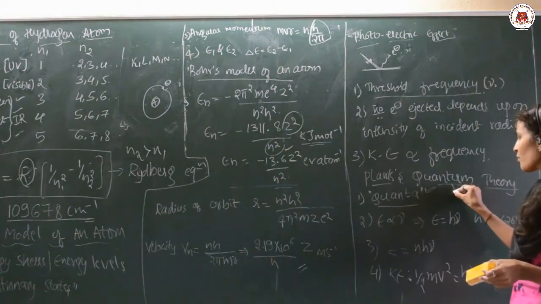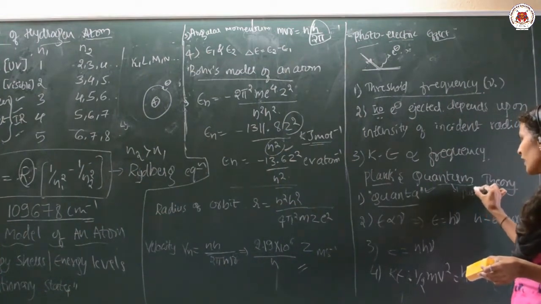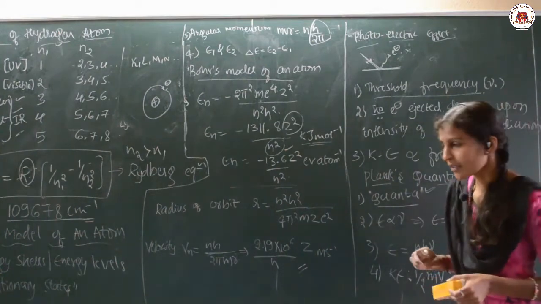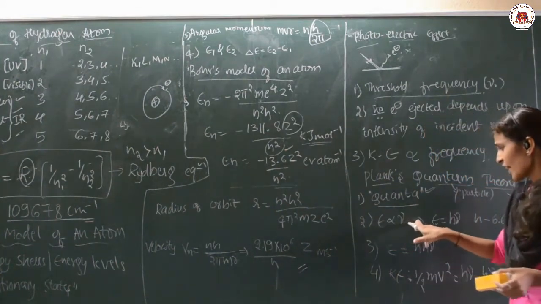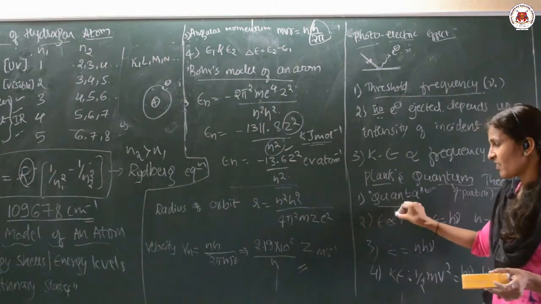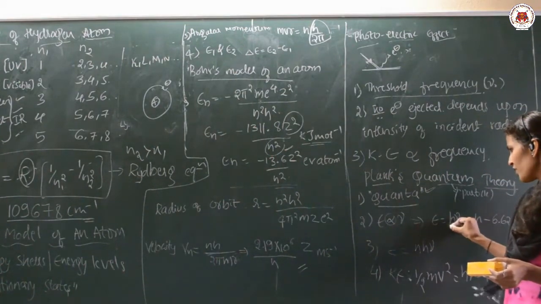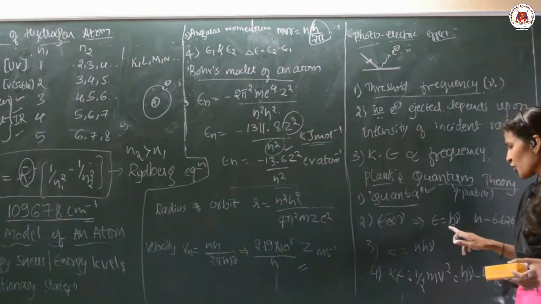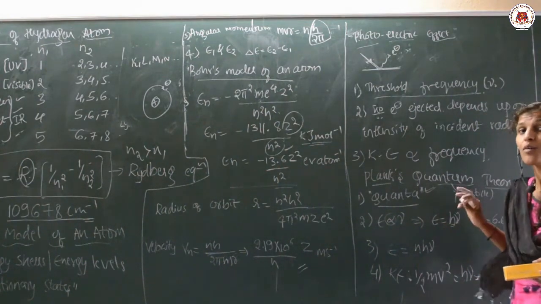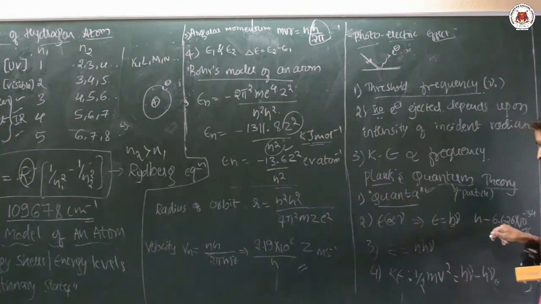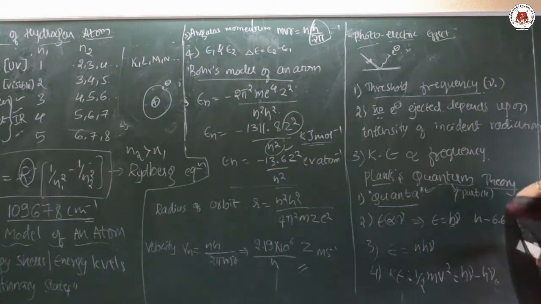Planck's quantum theory indicates the particle nature of light. The energy is directly proportional to nu, and this proportionality sign is replaced by one more constant, h, that is E equals h nu, where h is Planck's constant, which has the value of 6.62 into 10 to the power minus 34 joule-seconds.